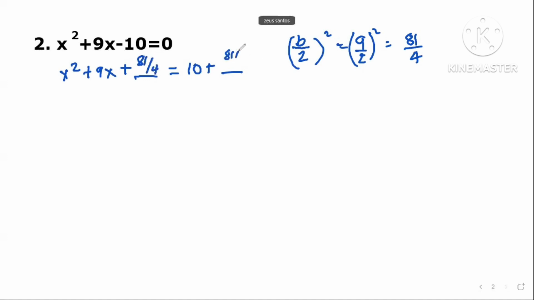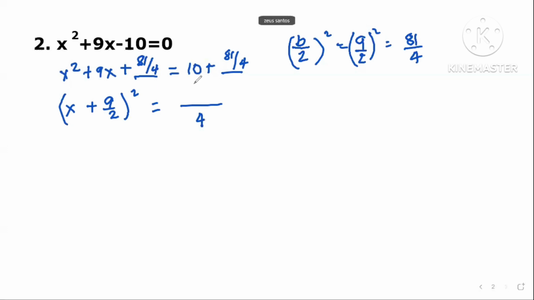81 over 4 here. So since this is now a perfect square trinomial, we just take the square root of the first and the last term. So we have x and 9 over 2. Sign of the middle term is positive. So we have plus here and then quantity squared. Equals, we combine these two. Take the LCD. LCD is 4. So what do we do with the LCD?